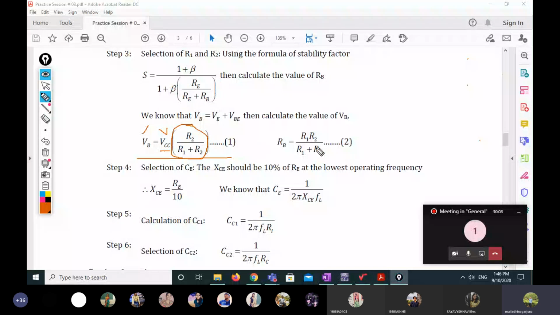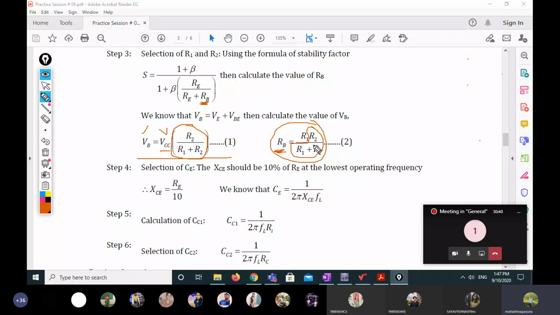Now, we know that Rb is equal to R1 parallel to R2. So Rb equals R1 R2 by R1 plus R2. In this equation Rb is a known factor, and the R2 by R1 plus R2 portion you also know.